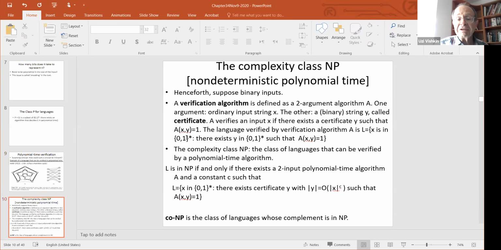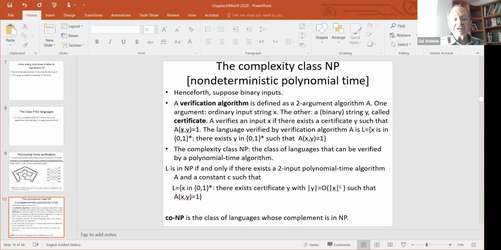That's why it's called a certificate, such that when I apply the verification algorithm to the graph and to the cycle, you conclude, yes, the path that you gave me indeed is a Hamilton cycle. So a verification algorithm must get two arguments. One is the original input, and the second is the proposed solution, if you will.